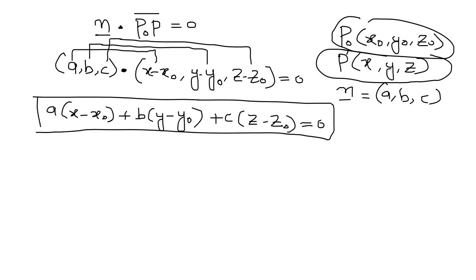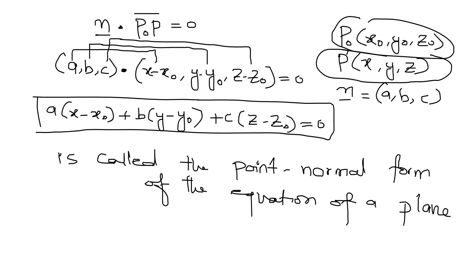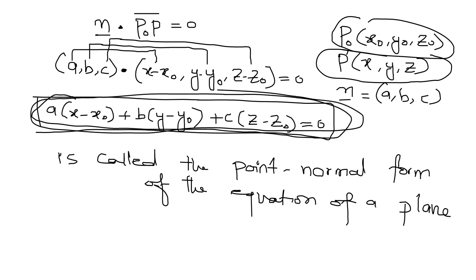So this equation is called the point normal form of the equation of a plane. Okay, remember this equation.